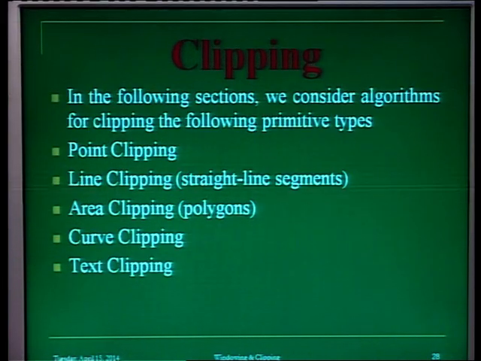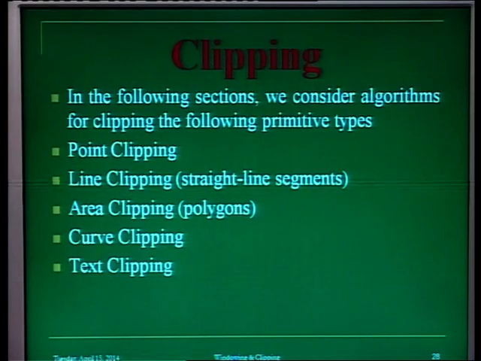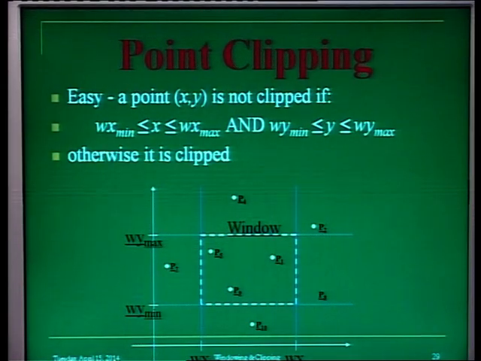Then line clipping, that is, how straight line segments can be clipped if they are out of the viewport. Then area clipping, in which we will cover polygons, various kinds of polygons. Then curve clipping. Then next is text clipping. Text means the written characters. There are various strategies for that. Then first of all, point clipping.